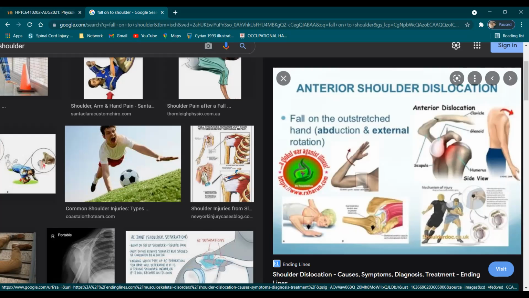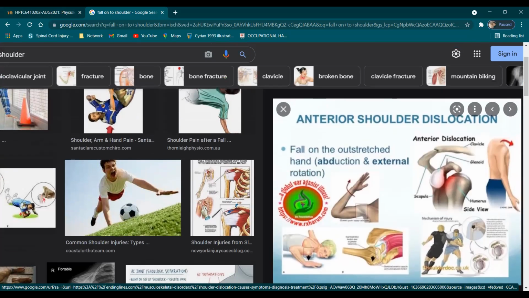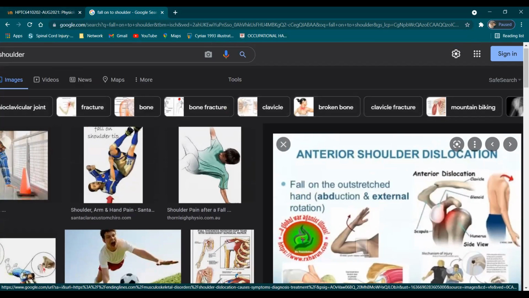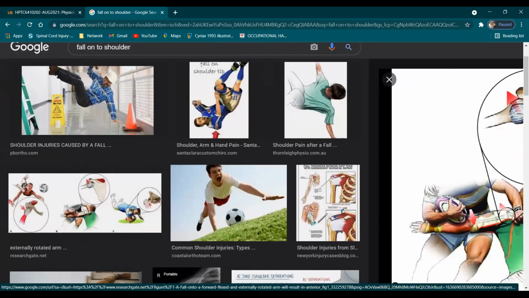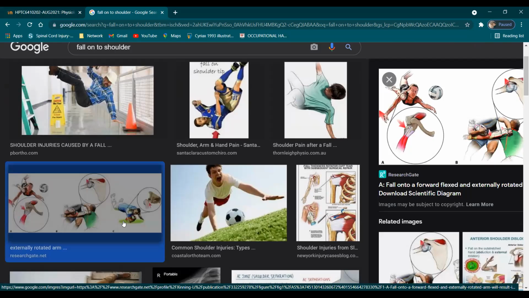And many injuries occur due to sports also, what we call contact sports, like volleyball, football, soccer, and this kind of thing. They need to have contact, right?